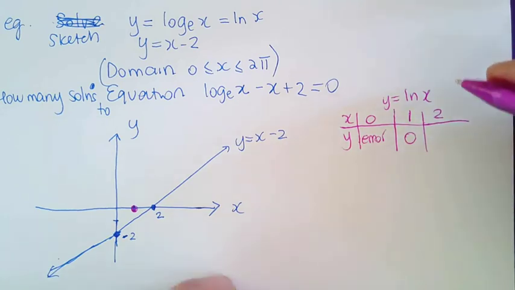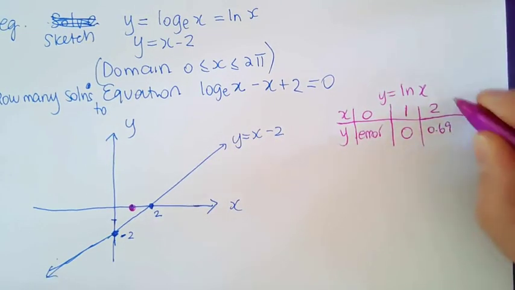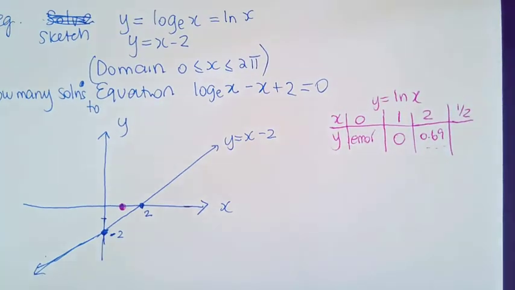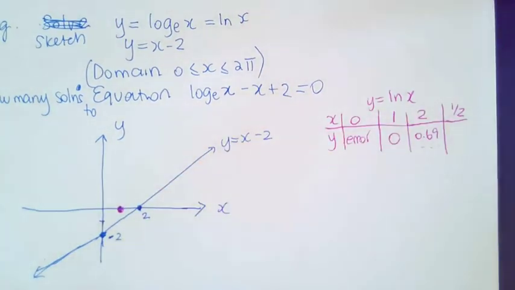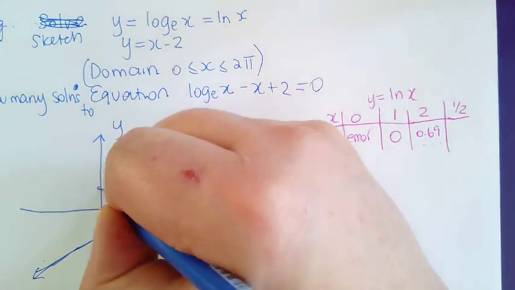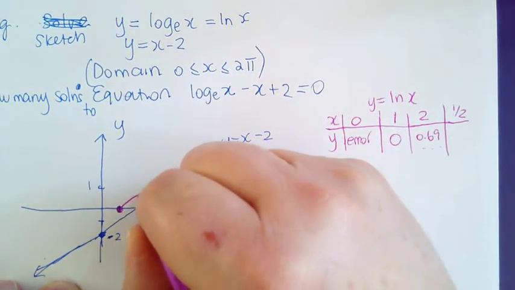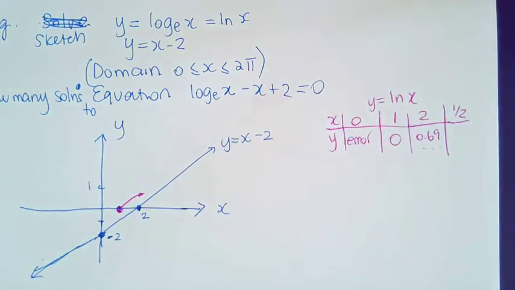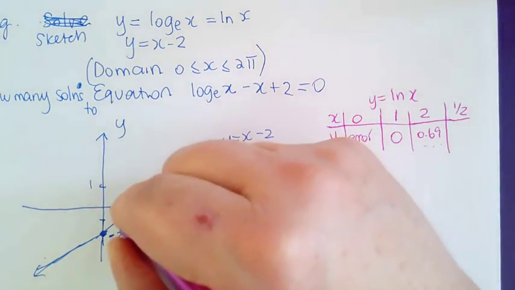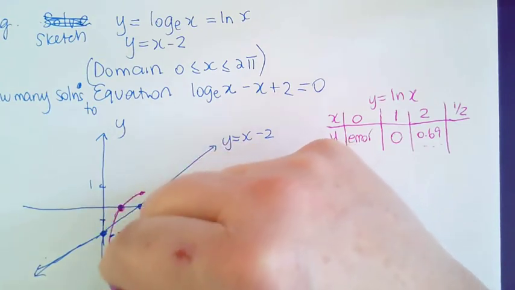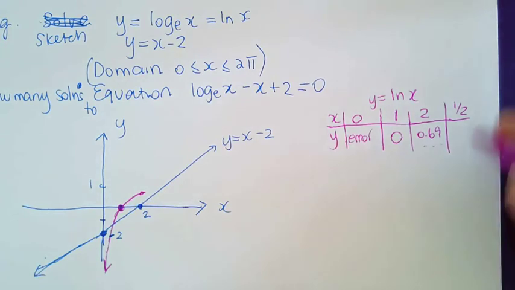What do we get? Good. And roughly, can we do ln of a half, please? So like when x is 2, you get something less than 1. 0.69. And what do you get for ln a half? All right, so it's going down. Do positive 0.1.